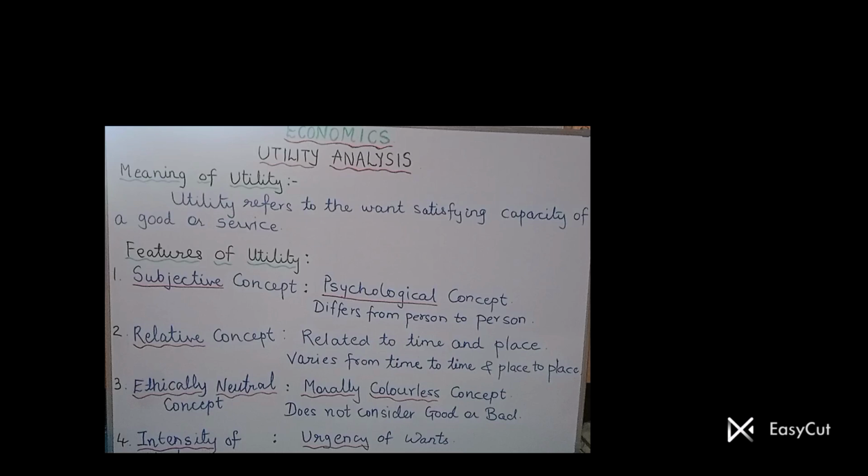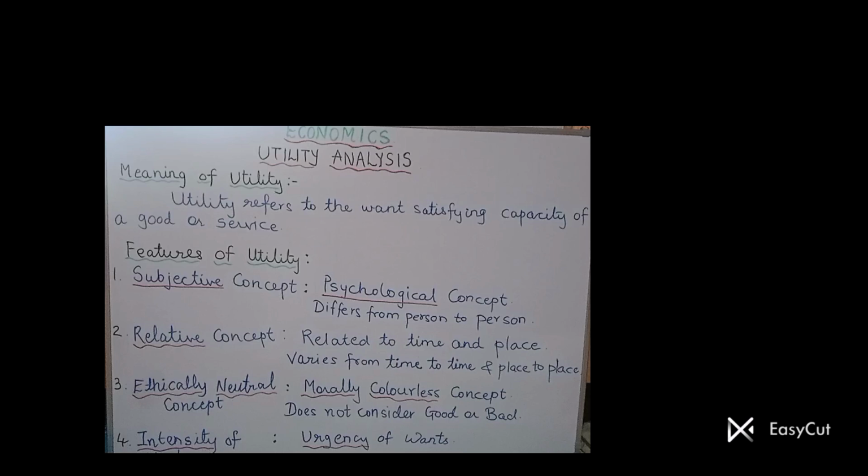Now, as the name of the chapter is utility analysis, first of all, let us see the meaning of utility. Point number one, meaning. In the simplest possible language, I will try to explain. Utility refers to the want satisfying capacity of a good or service.